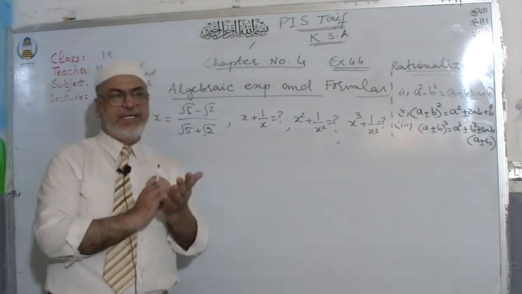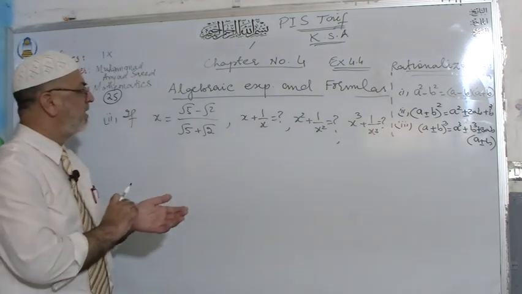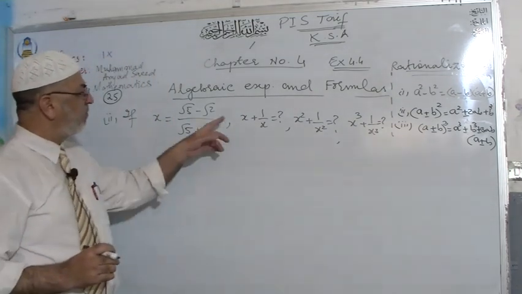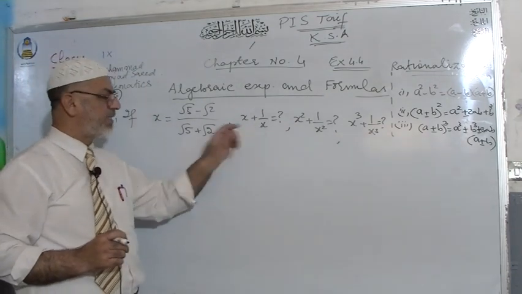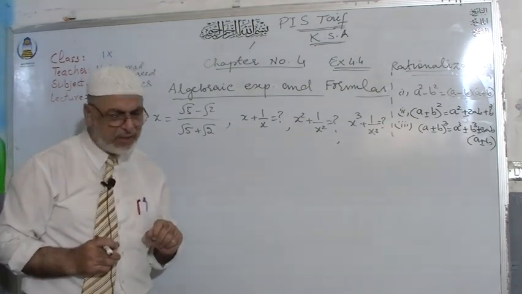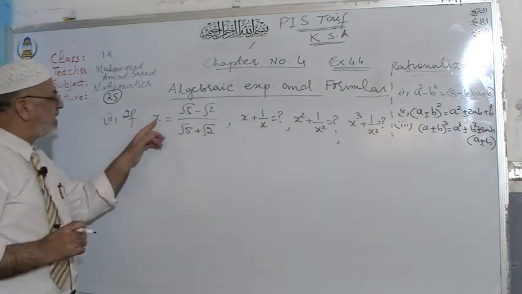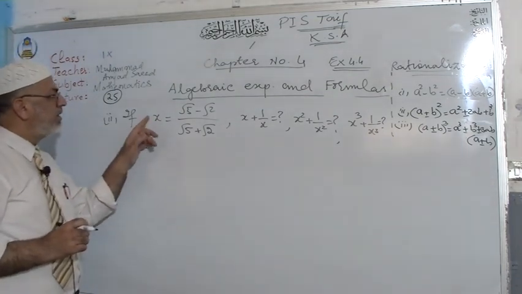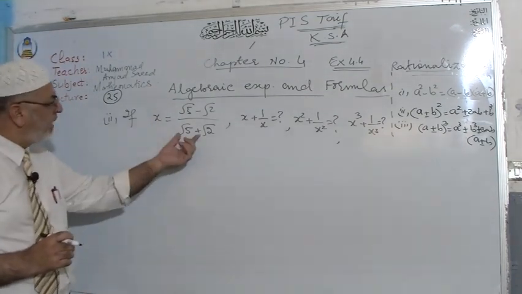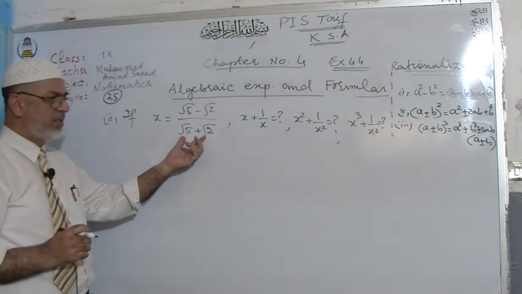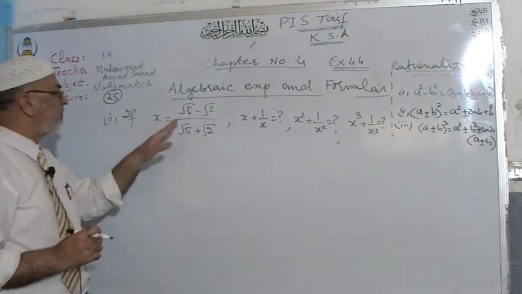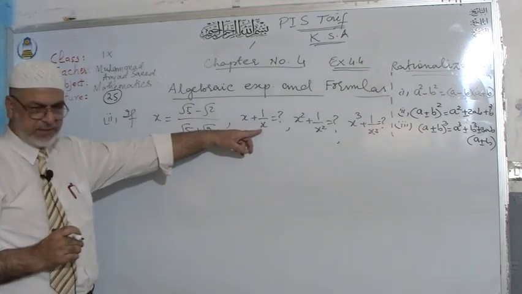So this is the technique, these are the steps involved. So first of all, we have to find 1 over x. But first of all, I want to convert this x into free from the radical in the denominator. So I want to rationalize first to find 1 over x.